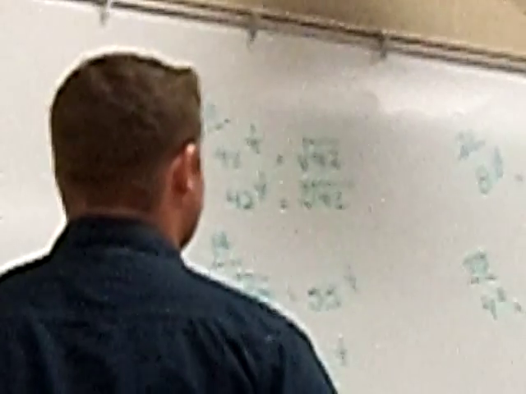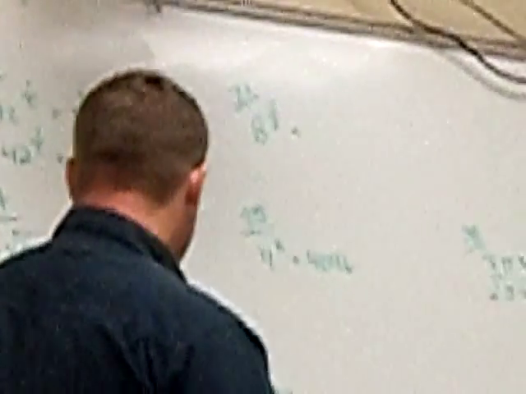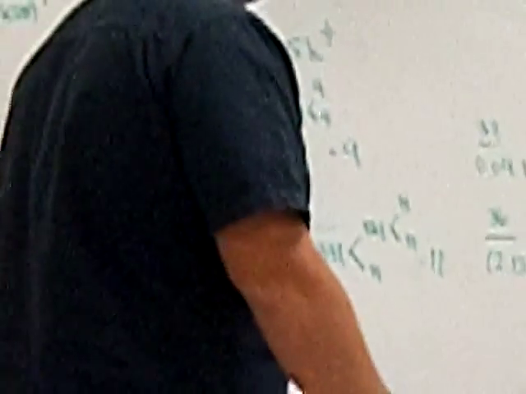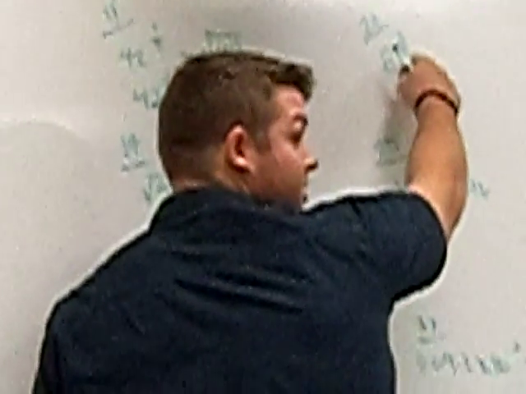Number 21. 8 to the 2/3. What changes from this to this? One part. The numerator. The numerator changes. What root are we taking? The cube root. The denominator still, that's still the root that we take.